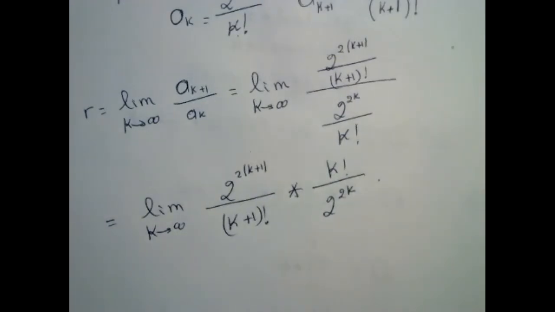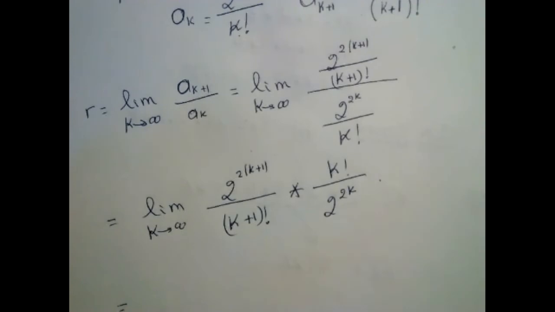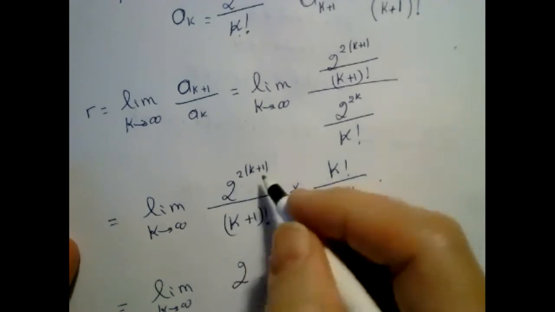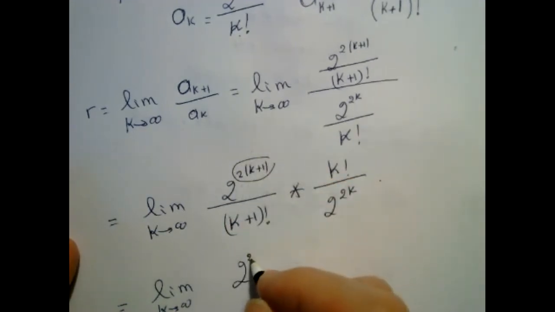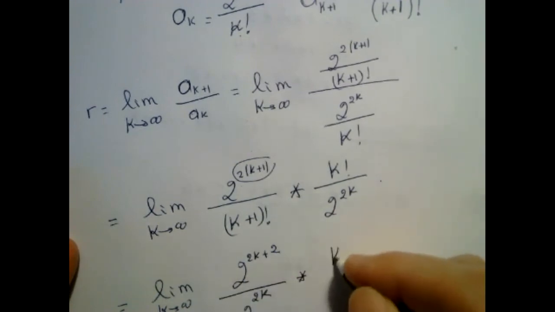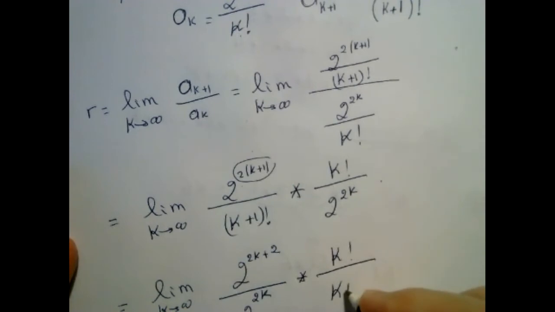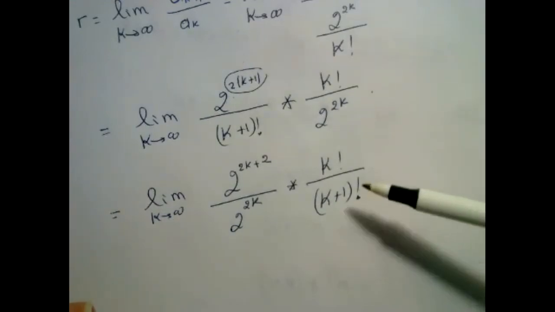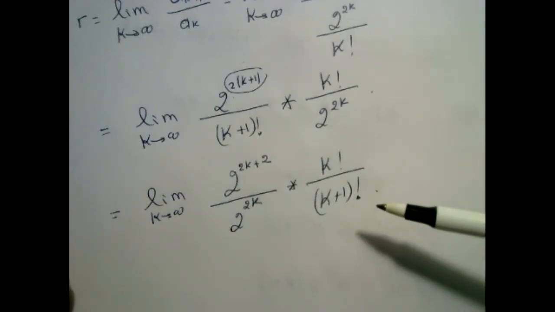So finally, just to make it a little bit simpler for us, I like to put the like terms together, under each other. So those two, I put them together. Now 2 times k plus 1 is basically 2k plus 2, over 2 to the 2k, times k factorial over k plus 1 factorial.